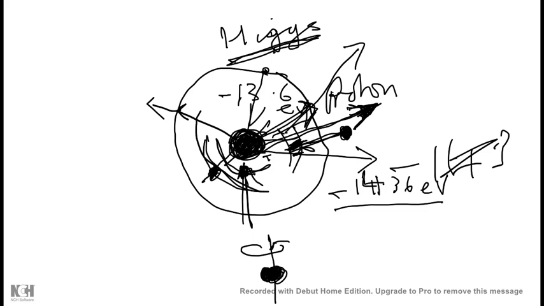No Higgs, no photon, no electron. Protons and neutrons, and a neutron is a slightly more energetic proton. There you have it.